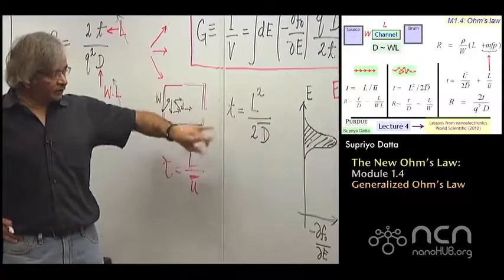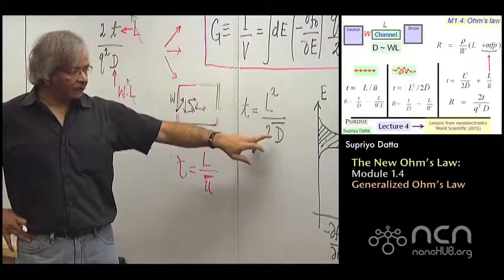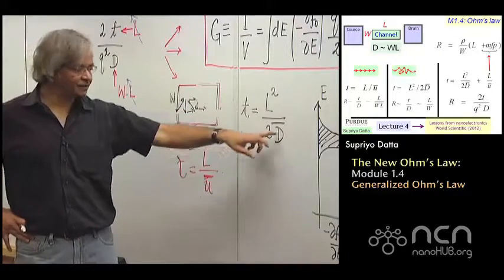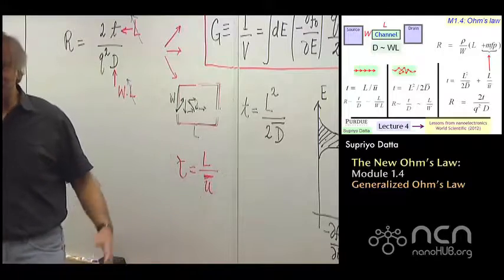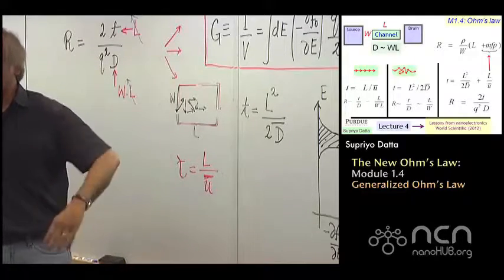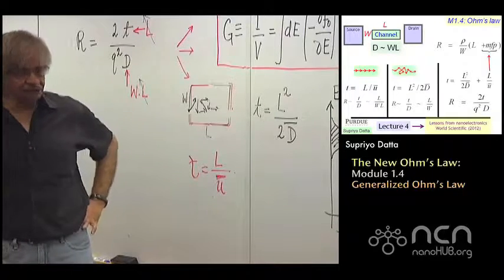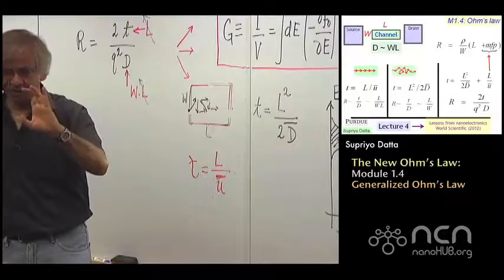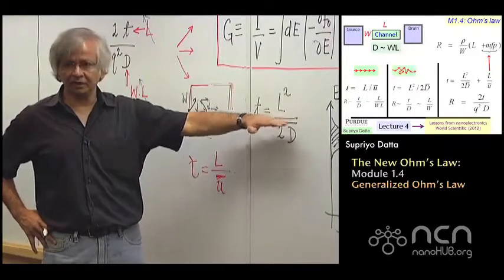And the important thing is that the time is proportional to L squared. Now, in the literature, usually the diffusion coefficient is written as D, and I put a bar on top because we have kind of used D already for another thing, namely the density of states. And so, so there's no confusion, for density of states I'm using just D, whereas for diffusion coefficient I'm using D with a bar on top.